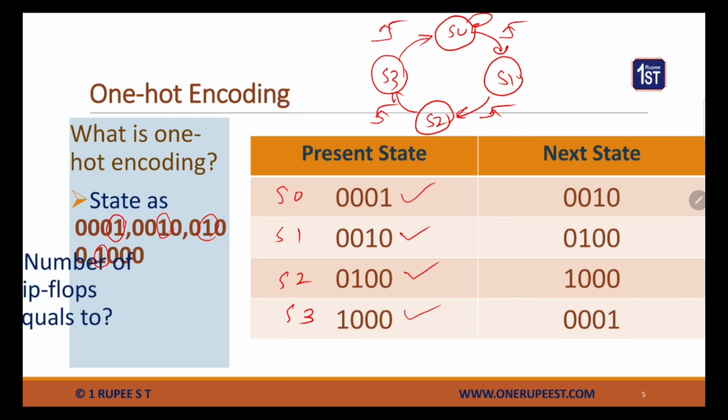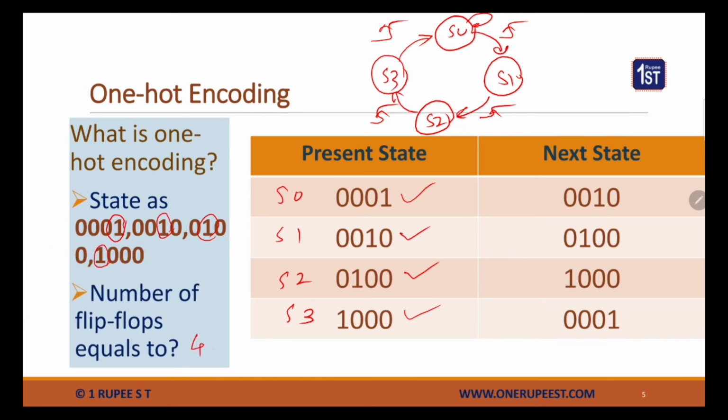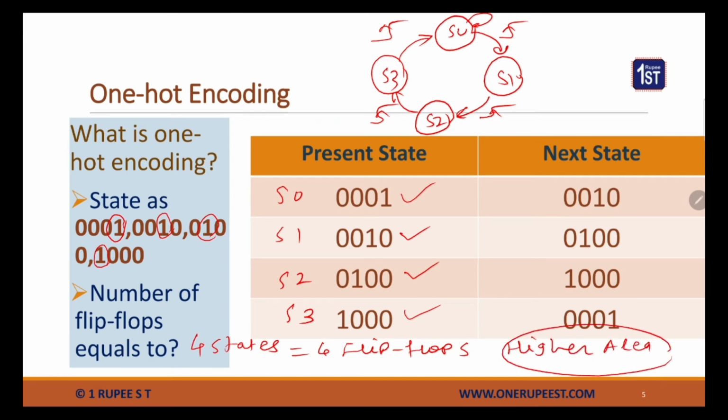Due to that, I need more flip-flops. For 4 states, as already discussed, 4 flip-flops. That is higher area. If I have 16 states, I need 16 flip-flops. Or 32 states, I need 32 flip-flops. So higher area.